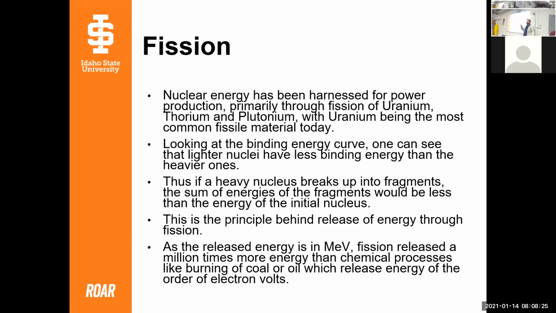The difference between these, that energy that's essentially not accounted for in between the two, is what comes out in our fission energy. We're going to talk about this in units of mega electron volts, okay? And it's about 1 million times more energy to fission an atom of uranium than to burn an atom of coal.